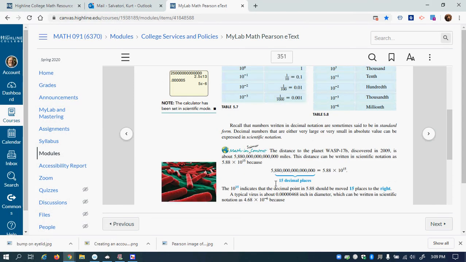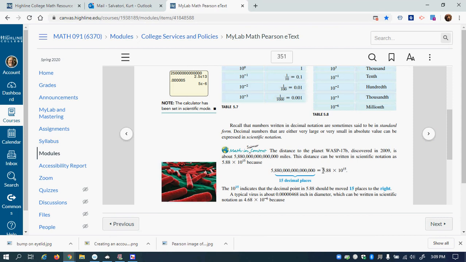So for an example, here's a gigantic number. It's 5.88 followed by 3, 6, 9, 12 zeros. We don't want to write all this. This is a big number, and we don't need to do that. We can write it in scientific notation, and it'll take less space and it's easier to use.